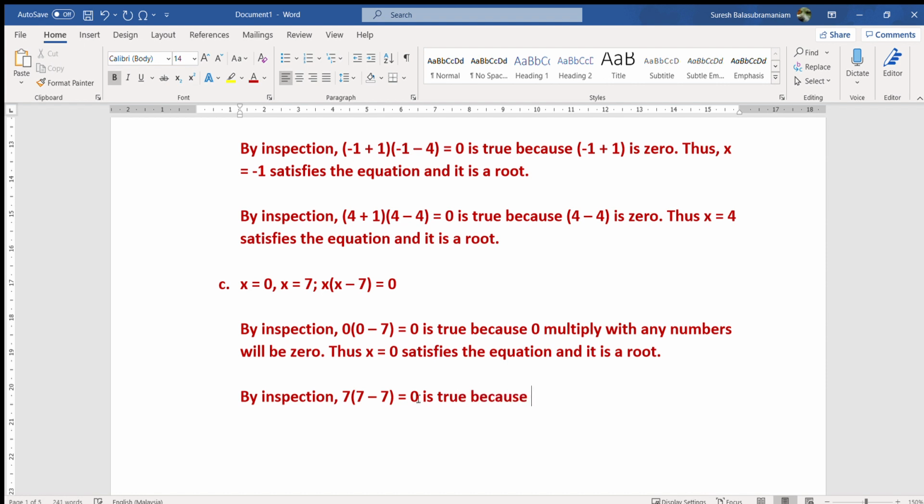Thus x equals 7 satisfies the equation and it is a root.